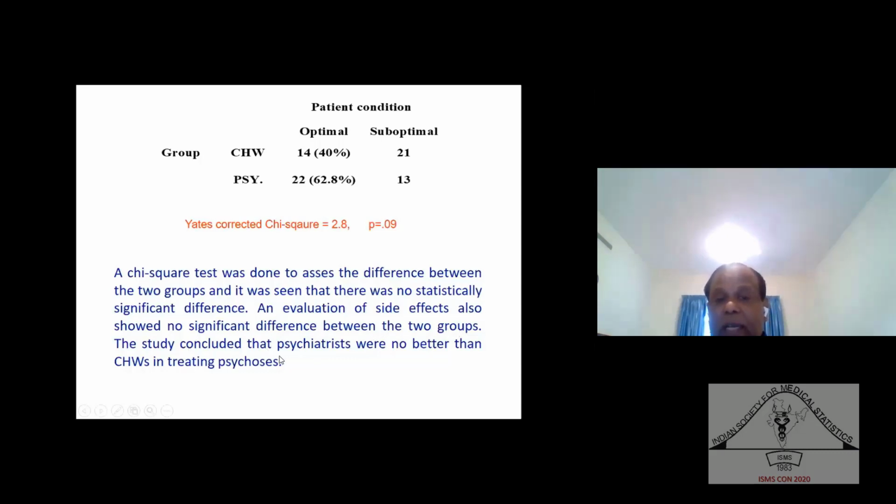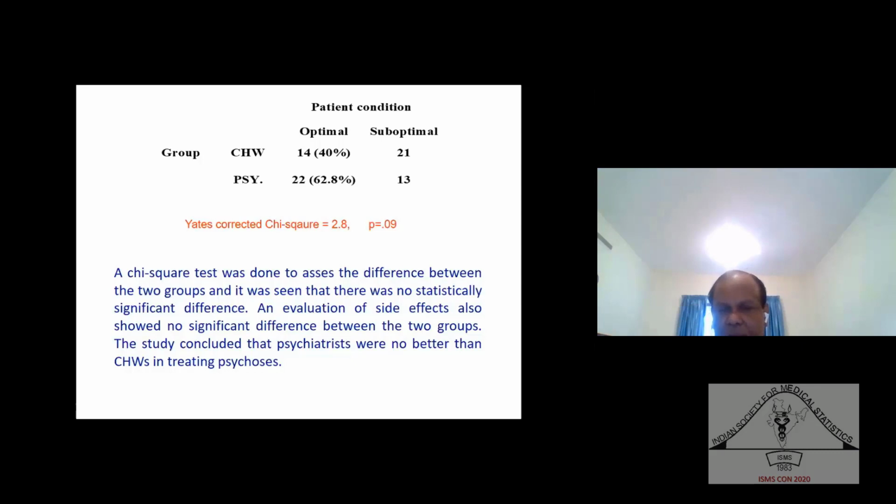The study concluded that the psychiatrists were no better than community health workers in treating psychosis. So therefore, what is the null hypothesis? Community health workers are as good as psychiatrists. Because they did not reject the null hypothesis, they accepted the null hypothesis.